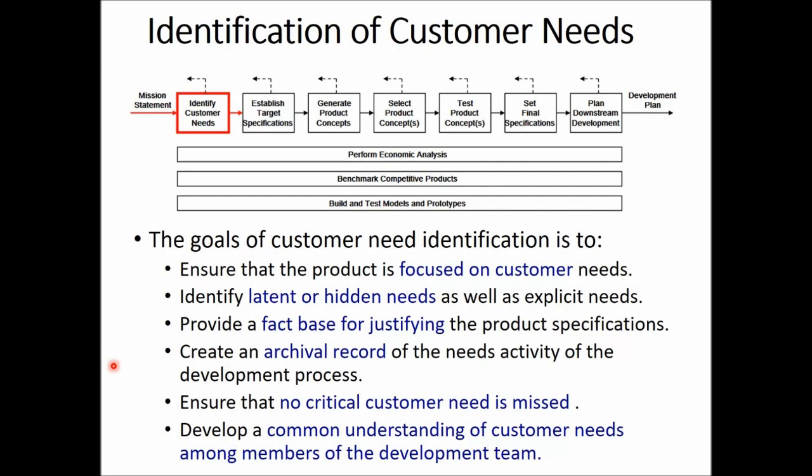When you take a broad spectrum of customers for that matter, you will find all features are used. So in that case, we need to identify certain hidden features, and we have to have a fact-based justification for our decisions, particularly the decisions that we consider to develop the product specification.